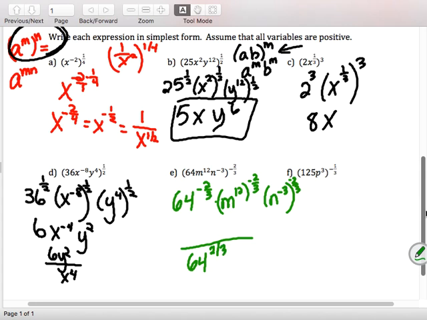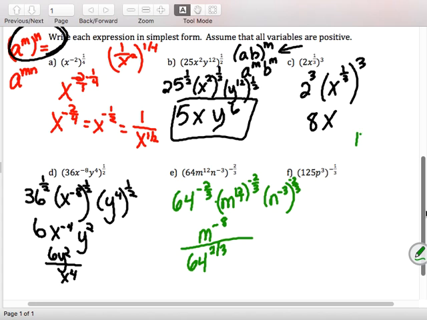The other two, I need to figure out if it's going to end negative or end positive. So I'm going to go a little bit slower with my variables. Okay, so 64 to the negative 2/3 can drop down. But if I multiply 12 over 1 times negative 2/3, isn't that m to the negative 8? Do you guys see where that's coming from?